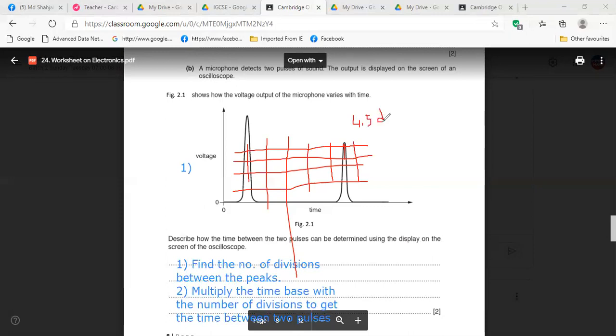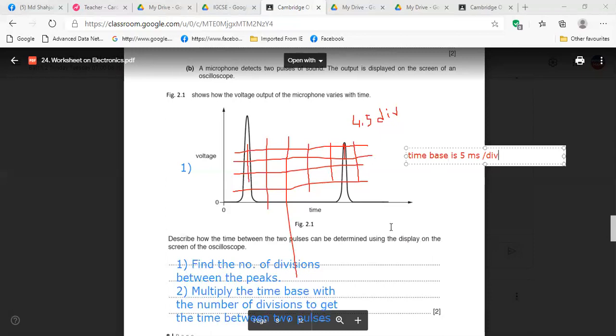And in our time base setting, it is given how much? I told 5 millisecond per division. Okay. Time base is how much? You write also: time base is 5 millisecond per division. This way the time base is given.